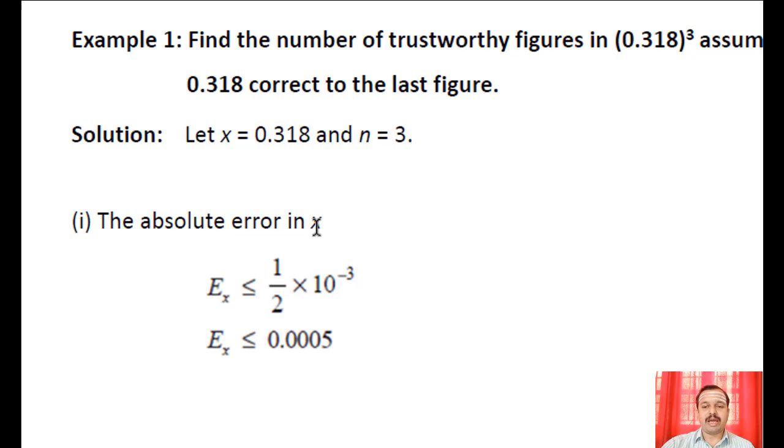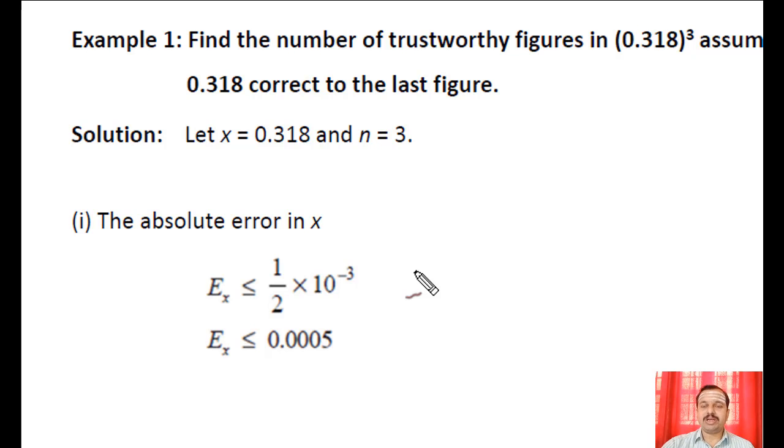We have discussed the absolute error in the third session. The absolute error in the number is always less than or equal to 1 by 2 into 10 to the power minus 3. I request you to please look at the discussion on valid significant digits.